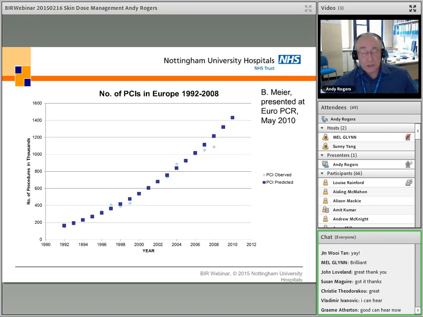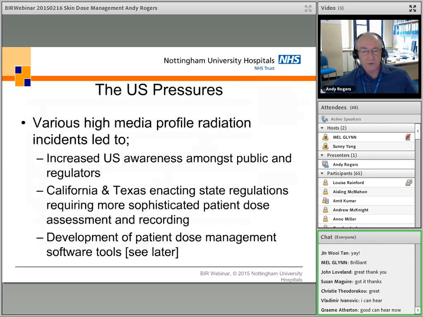I'm not quite sure in the UK if we've quite got there yet for PCIs, but we're not far off. So we're looking at a broad increase over the last few years. We've also got some US pressures, and we're specifically talking about technologies this lunchtime. So the US pressures have been instrumental in changing some of the technologies available.